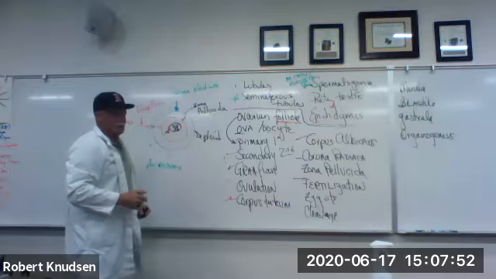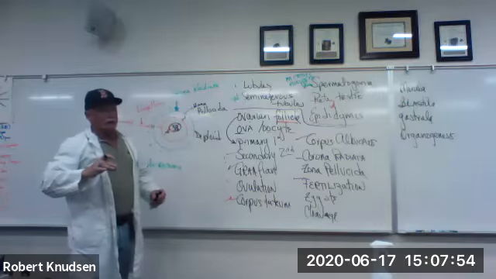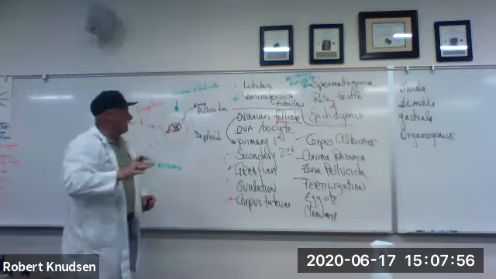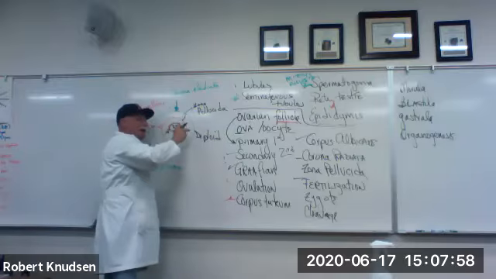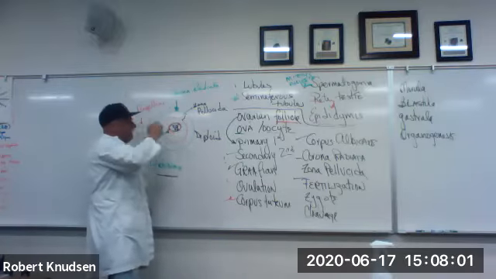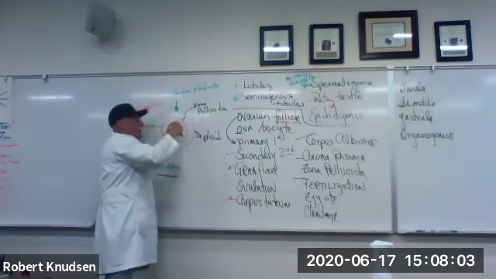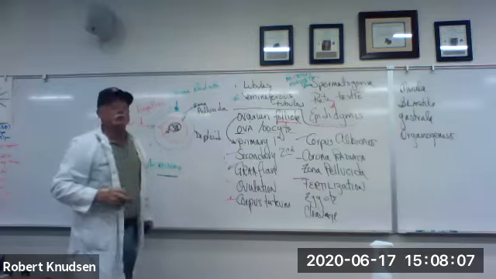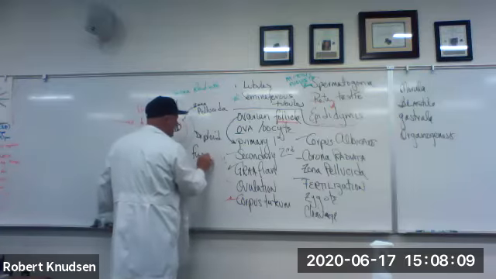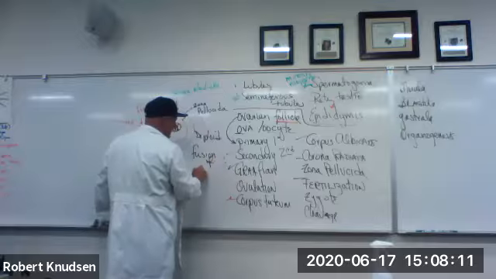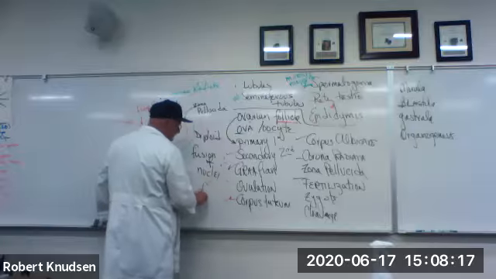Got proteins in it and stuff. So the sperm has to get through corona radiata using acrosome. Then it goes through the zona pellucida and through the phospholipid bilayer, and then we have fusion of nuclei, which equals fertilization.